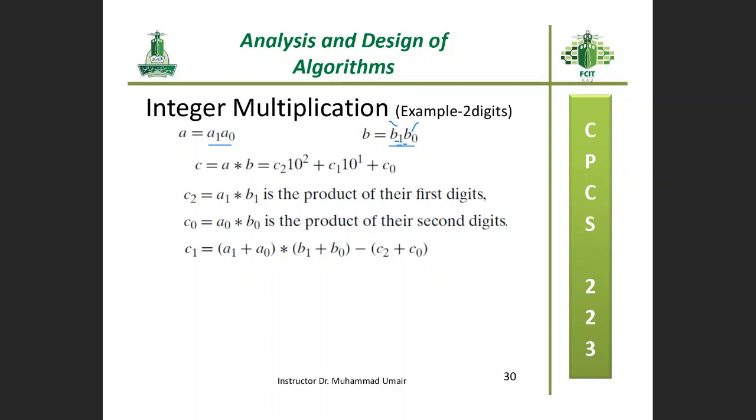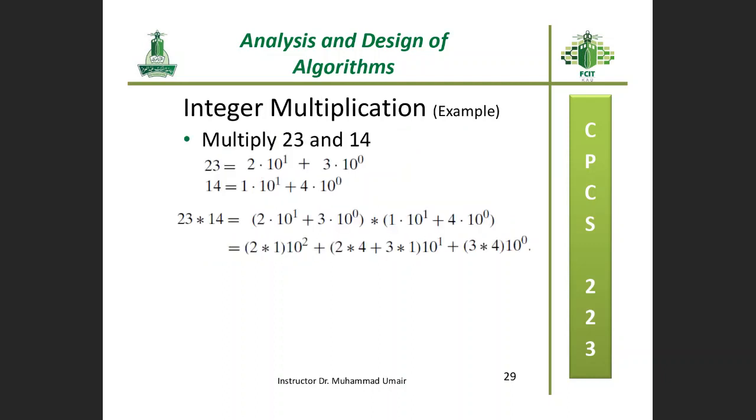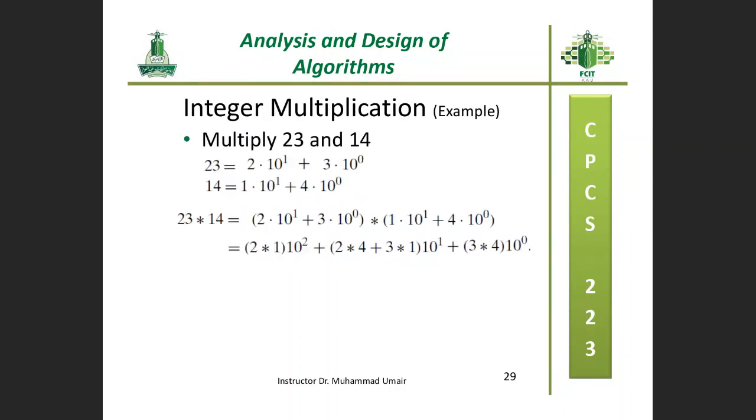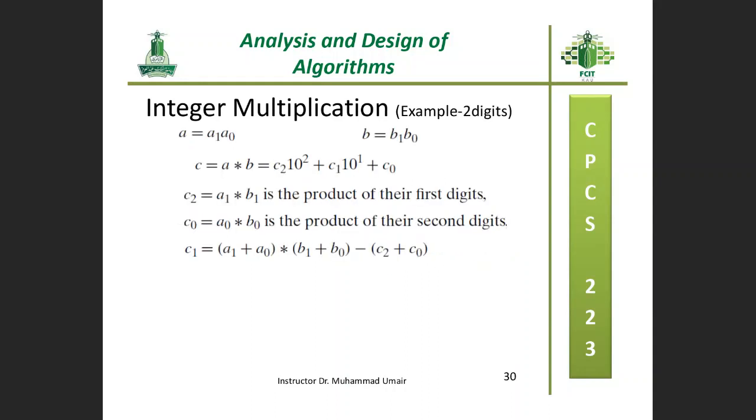Similarly, A is represented by two digits, which are A1 and A0. A0 is the unit digit and A1 is the tens digit. So if you multiply them together on the same pattern as you have seen in the previous slide, this expression can be written as C2, the second expression of two digits that is represented by C1, and the last portion is represented by C0.